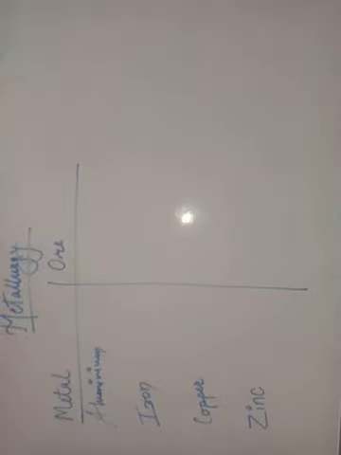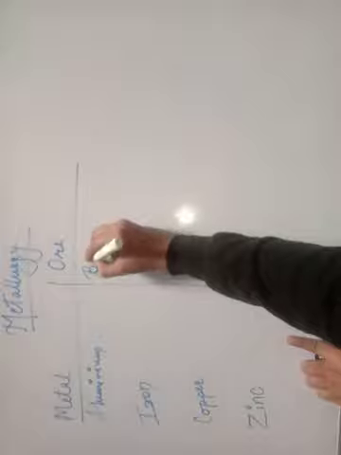Now let us try to understand some important ores. Here are some metals: aluminium, iron, copper and zinc. What are their ores? What are the names of the ores from which we can get these elements? Suppose the first one is aluminium. The ore of aluminium is bauxite.